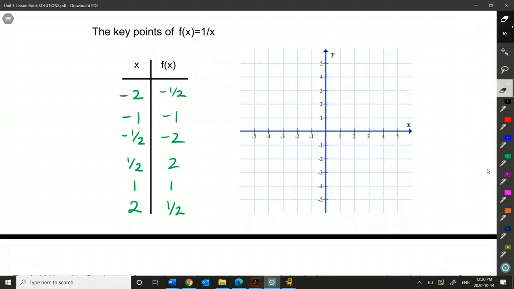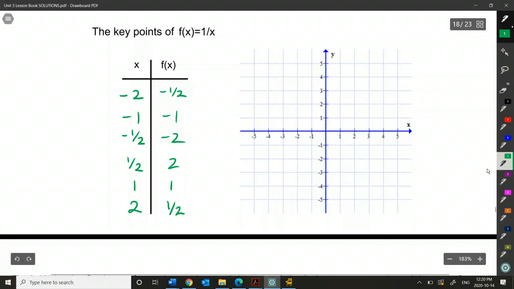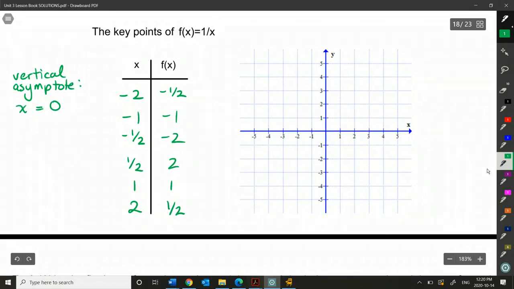Okay, we also talked about, because of what Josh just said, the fact that x equals 0 is actually undefined. What this causes is a vertical asymptote. And that's at the line x equals 0. So that's this line actually on the y-axis here. I'm just going to write it right next to it so we can all see it.